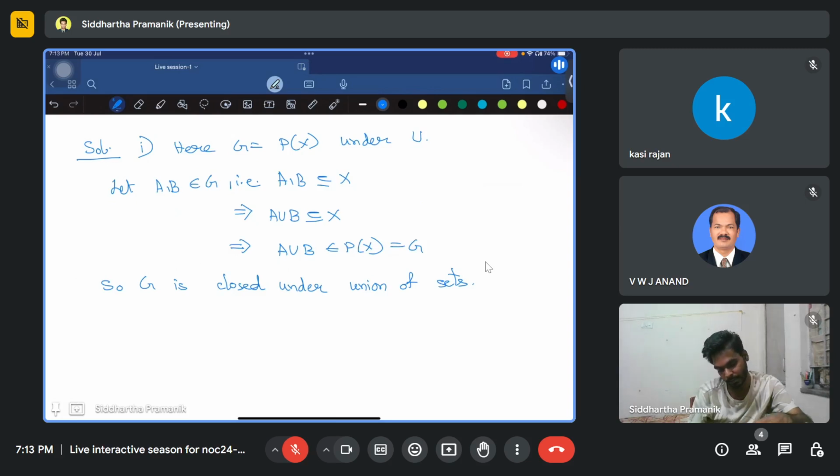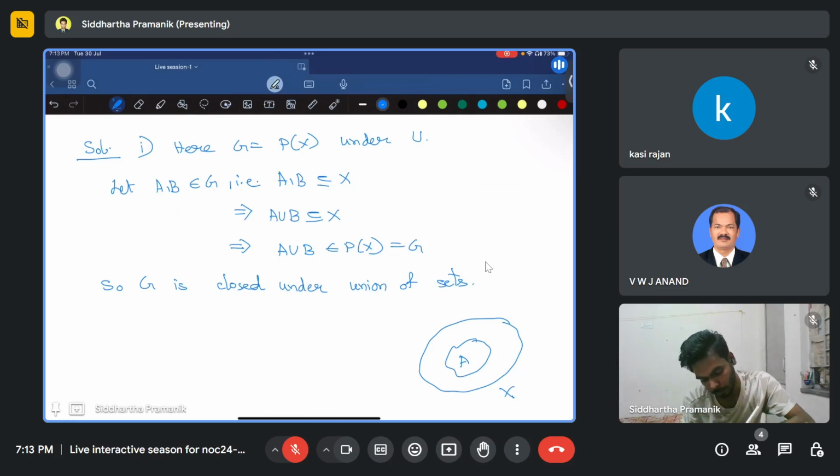Now the second one is existence of identity element. Here is your set X, and you are taking a subset, let's say A. What kind of element should be here that will give you back the set A, for all elements A?